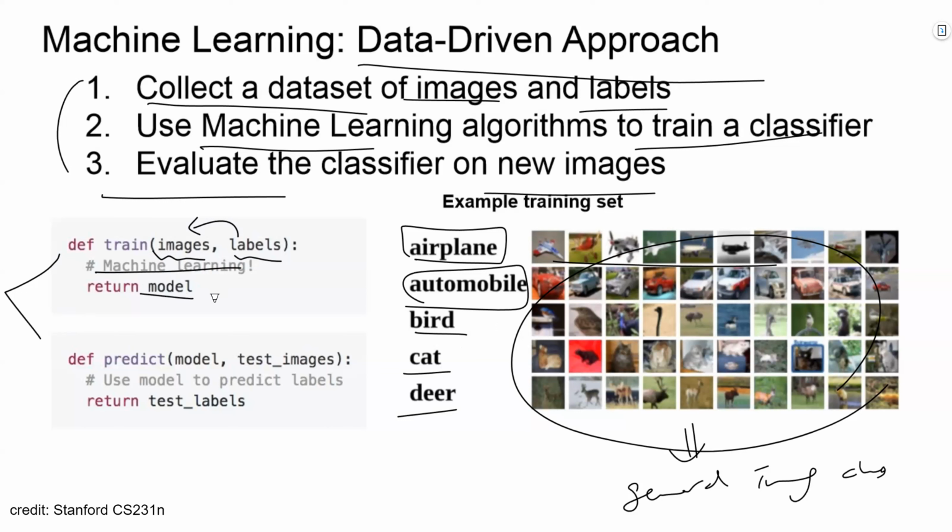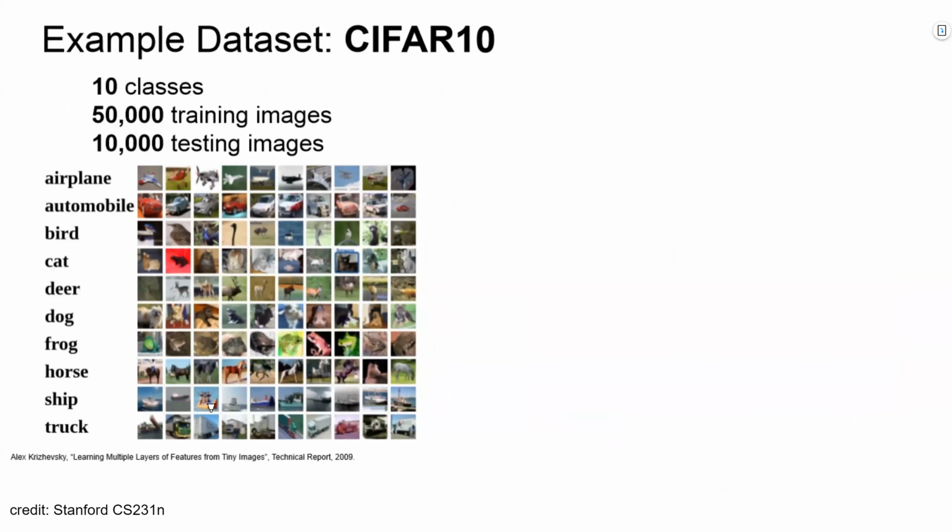So that's what we want to do first. And after we develop this model, what we want to do is predict the labels of these test images and generate the test labels. So this is the data-driven approach.